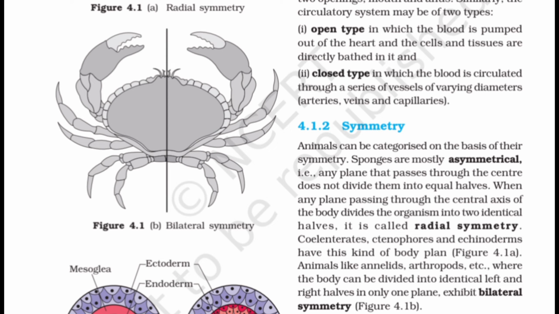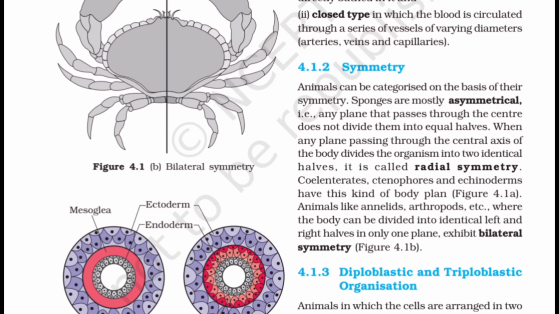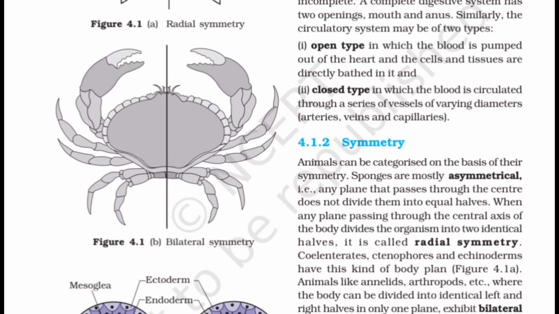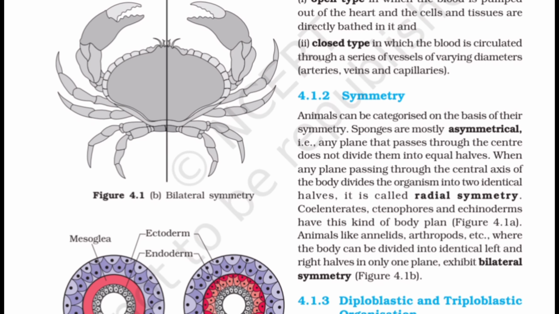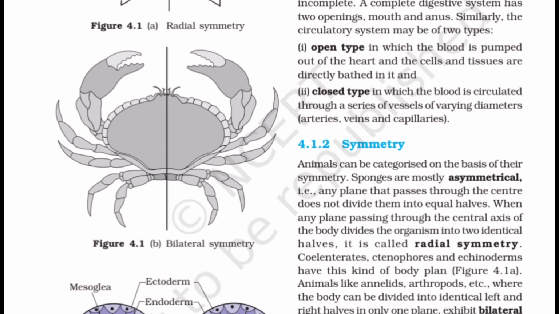Coelenterates, ctenophores, and echinoderms have this kind of body plan, in figure 4.1a. This one. Animals like annelids, arthropods, etc., where the body can be divided into identical left and right halves in only one plane, exhibit bilateral symmetry, in figure 4.1b.